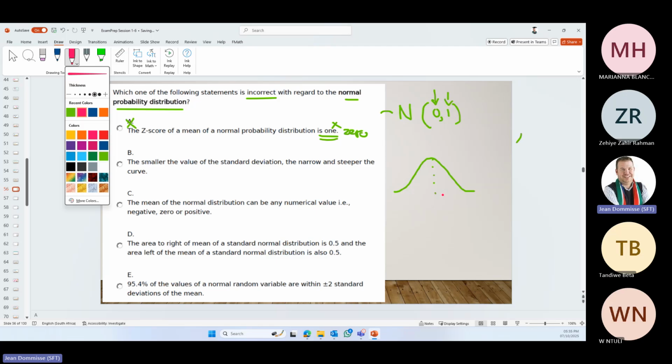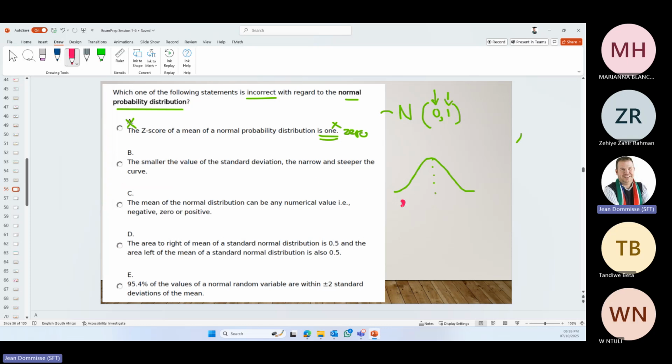When we look at your normal distribution, let's say this is a standard deviation of 3.